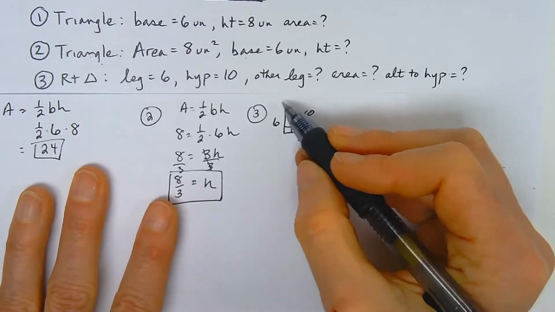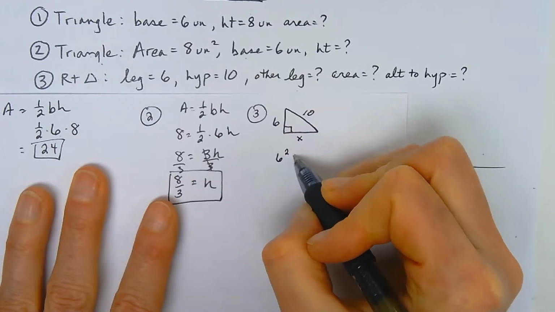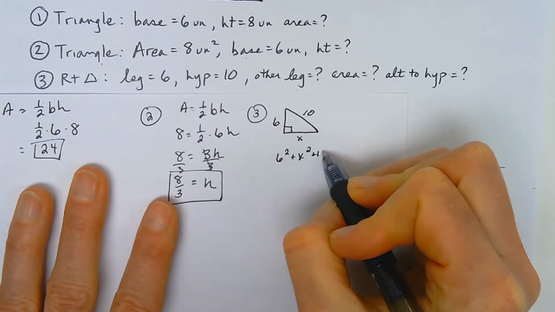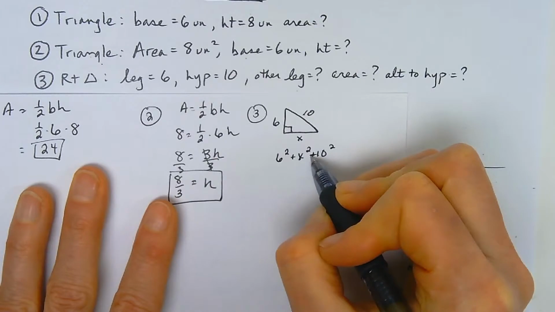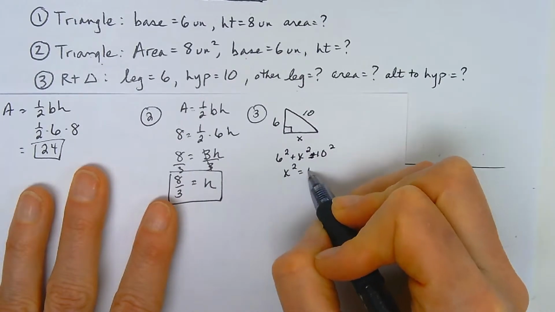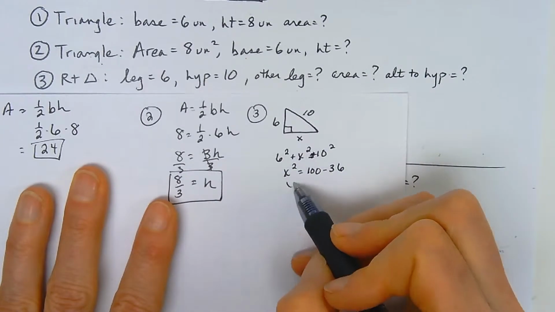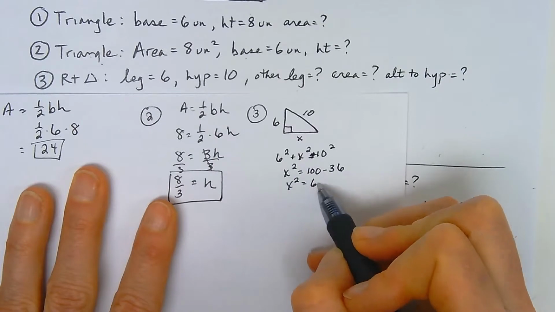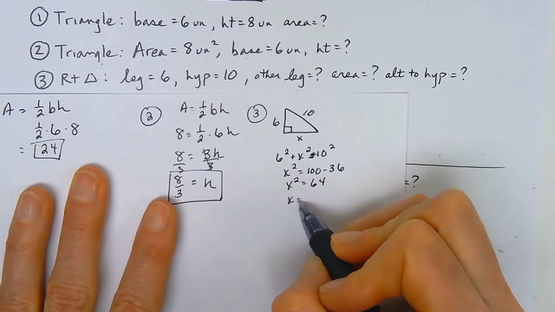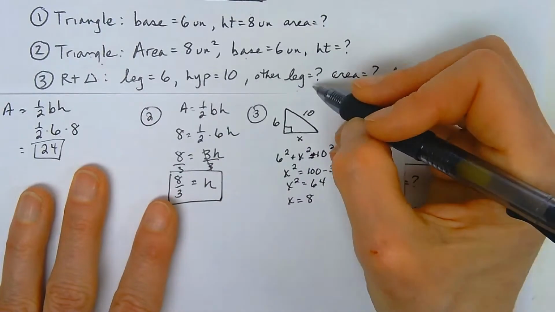And clearly we can see we can use the Pythagorean theorem here. 6 squared plus x squared equals 10 squared. So that's x squared equals 100 minus 36. X squared equals 64. X equals 8. So the other leg is 8.